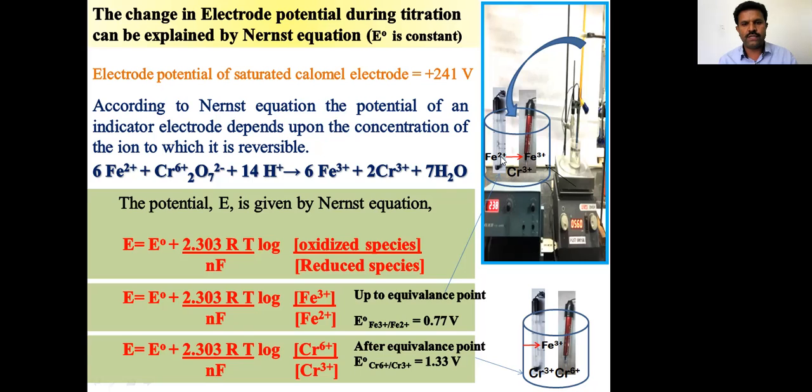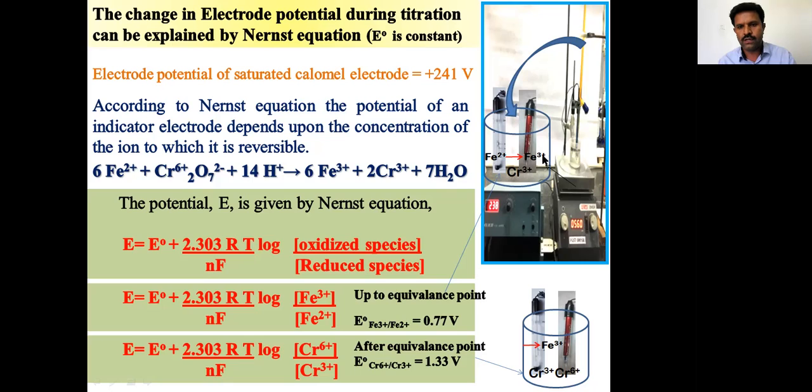Once all the ferrous ions are converted into ferric ions, there are no more ferrous ions present in the beaker. That means the reaction is completed. Then an excess drop of potassium dichromate solution is added to the beaker. You assume all ferrous is converted into ferric, only ferric ions remain.